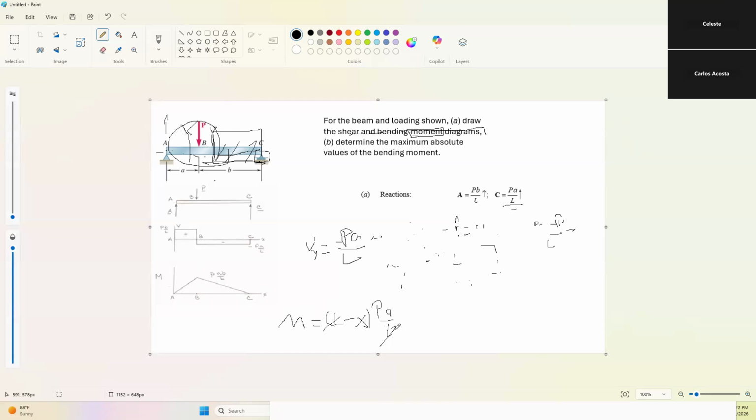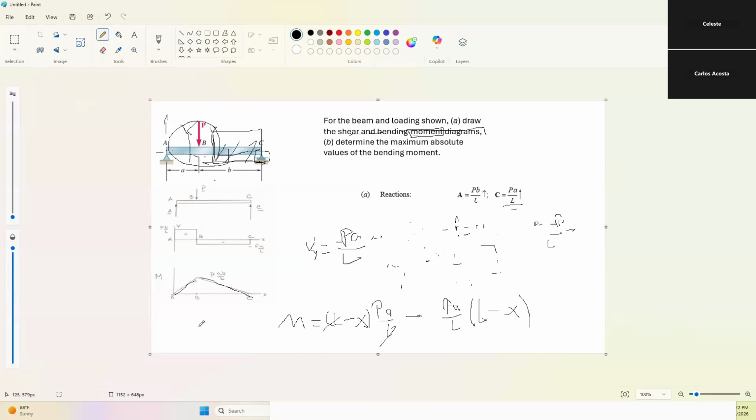Let me check the values of the equation. When X is 0, we're going to have L minus X is L. So PA divided by L. We need to make this 1 to get the maximum. PA/L times (L minus X). So this equation basically is the force times the distance A divided by L, and then L minus X. So PA/L is this slope, and L minus X is for this slope.